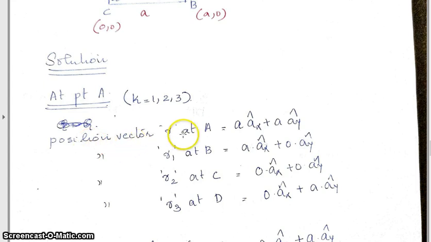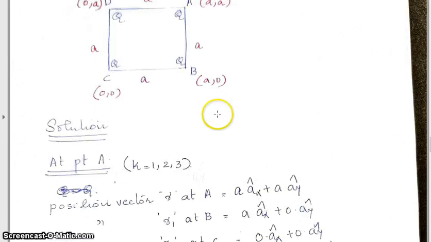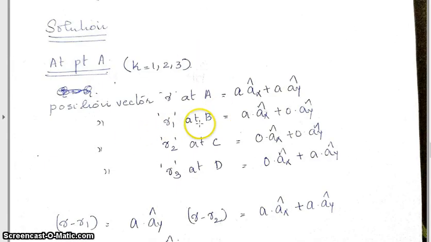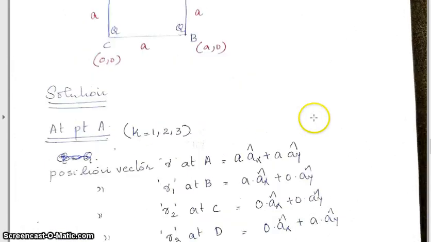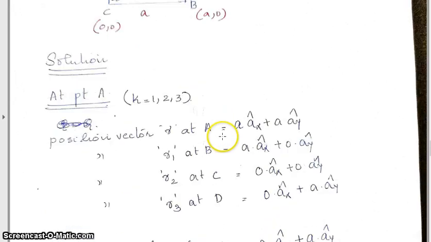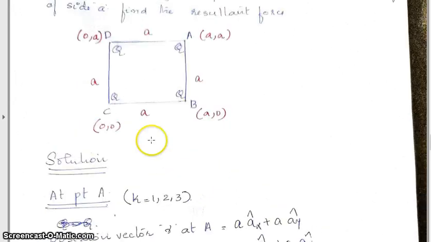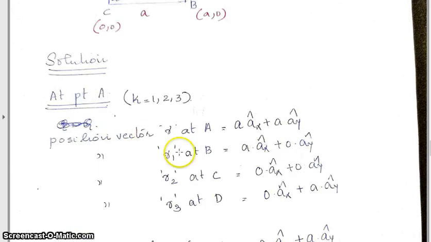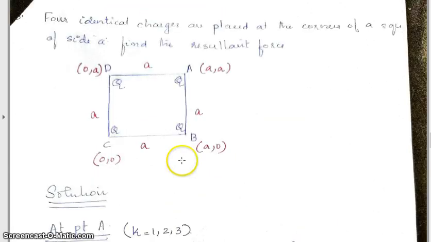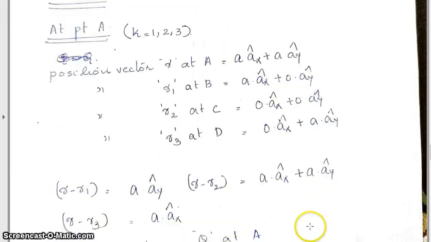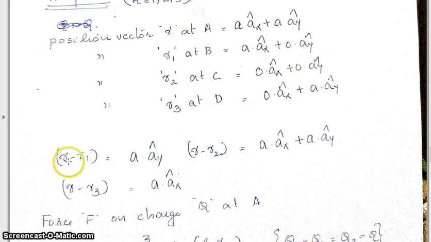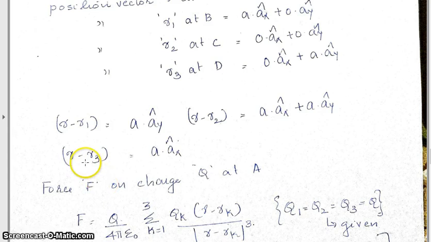Now the solution at point A: you have K value 1, 2, 3. The position vector R at A is A ax plus A ay. The position vector R1 at B is A ax plus 0 ay. The position vector R2 at C is 0 ax, 0 ay. R3 at D is 0 ax plus A ay. Now you can find R minus R1, R minus R2, R minus R3, and similarly you can find the magnitude also.